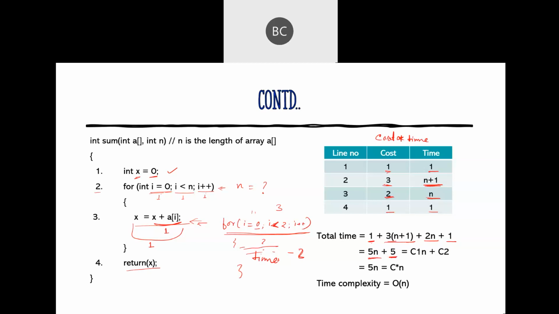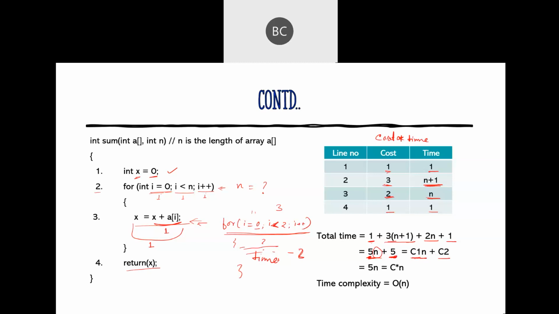Since 5 is a constant, as I already mentioned, if there is a constant term, you simply ignore it. It's not only 5, it can be 6, 10, any value, doesn't matter. All we care about is the n. n is the input size. So you can represent this equation as C1 n plus C2, where C1 is for this constant and C2 is for this part that is constant.